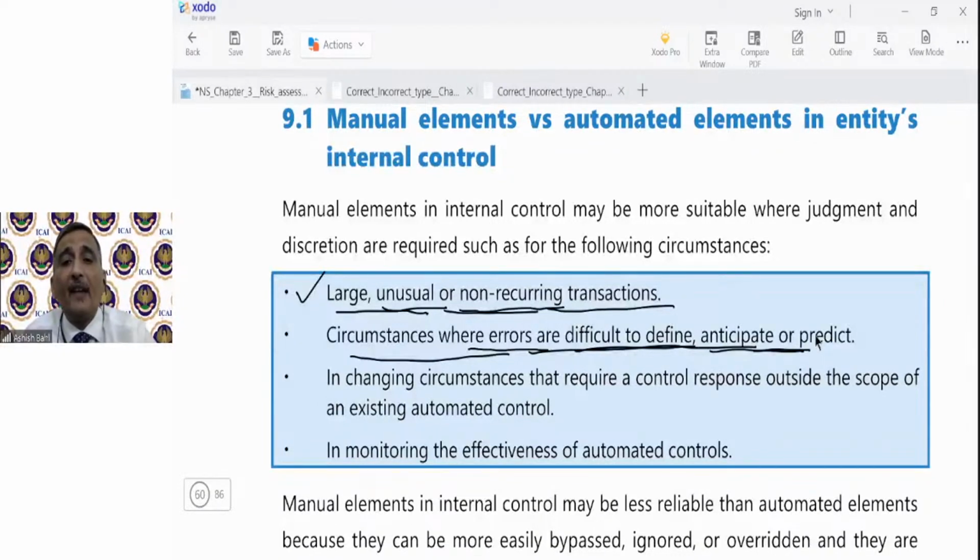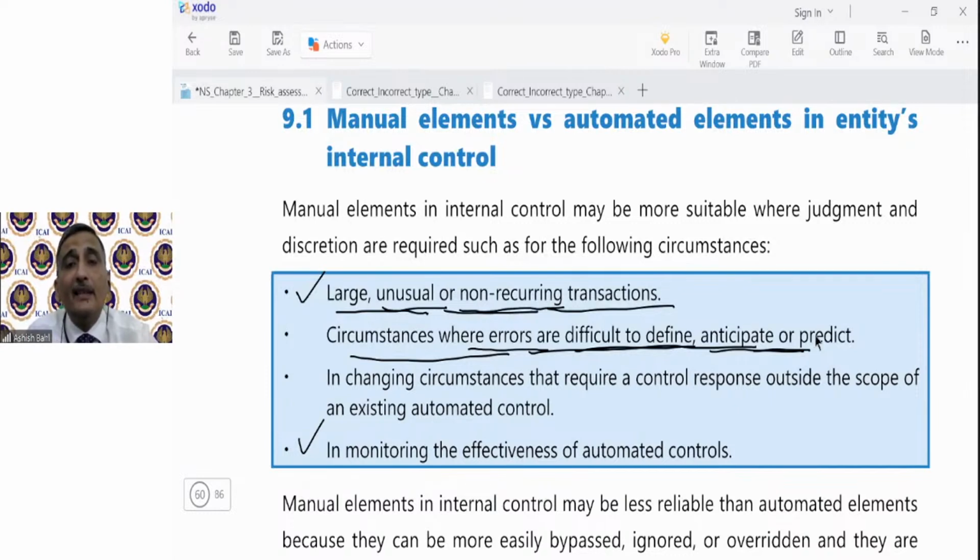इन मॉनिटरिंग इफेक्टिवनेस ऑफ ऑटोमेटेड कंट्रोल्स. सो ऑब्वियसली whether automated controls are effective or not, this is again job of people. So they have to monitor whether automated controls are working effectively or not.